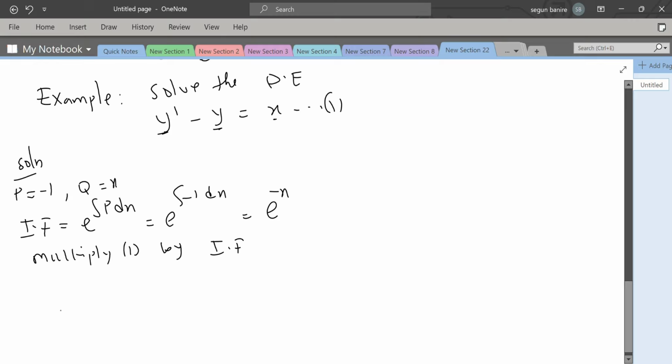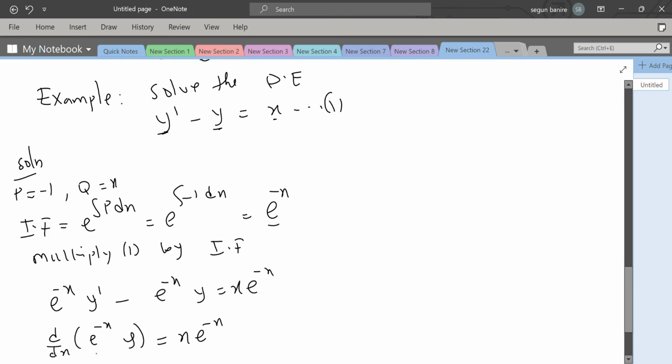So we have e^(-x) times the left side, y equals e^(-x) times x. Like I explained in the previous example, you just pick your integrating factor and multiply it by y. If you differentiate this using the product rule, you get what is at the top.